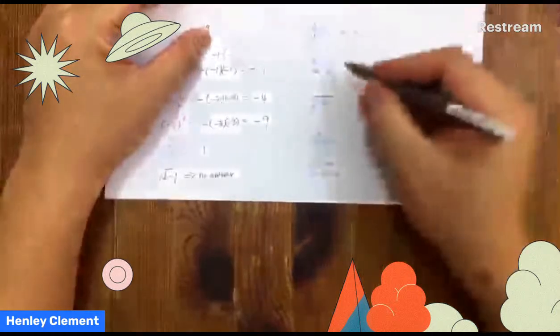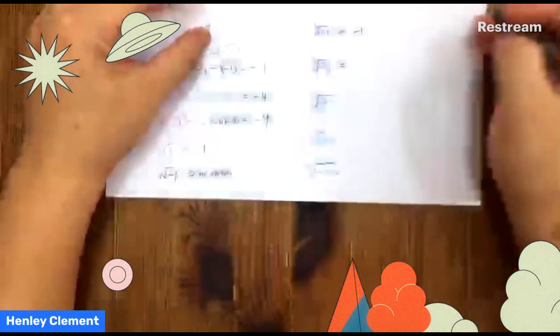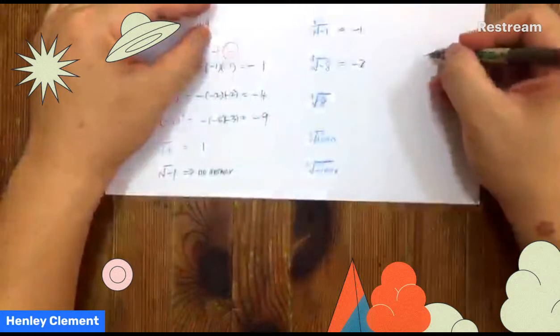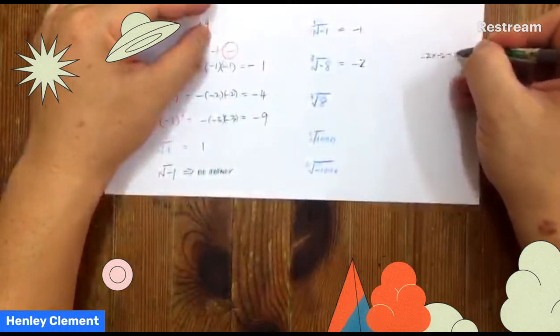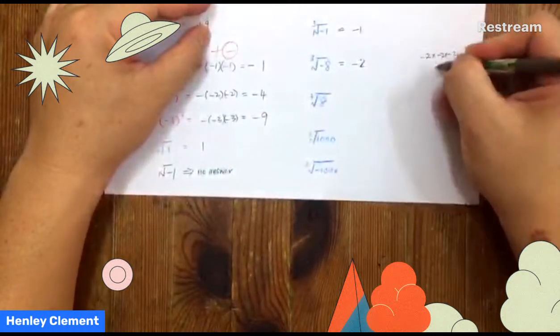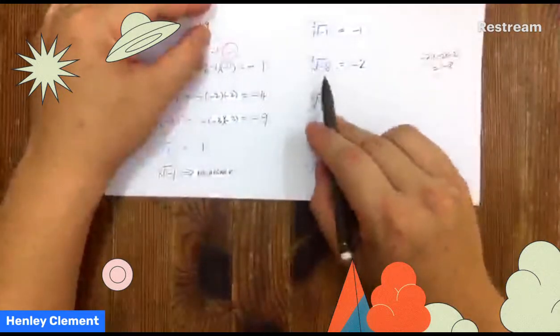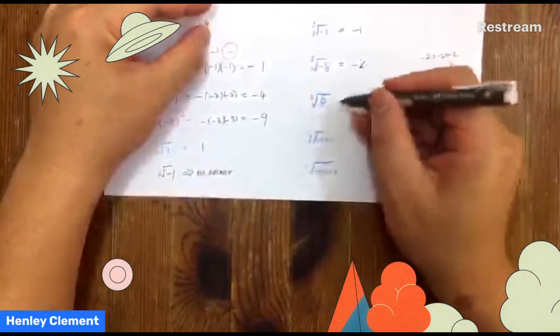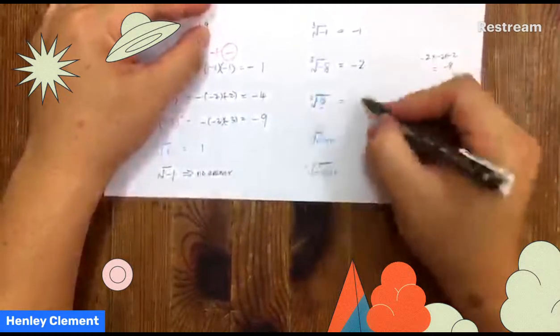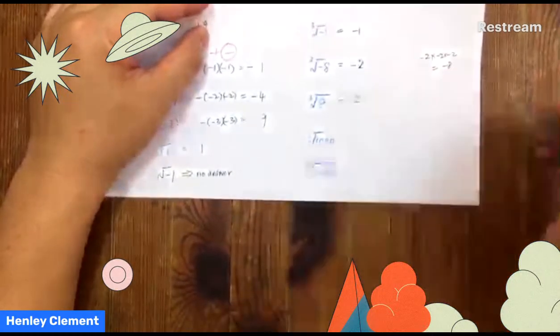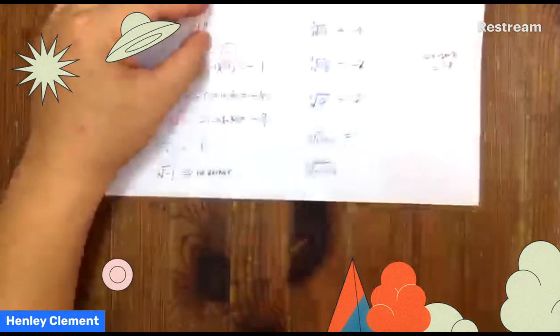Okay, the rest. Also, the cube root of negative 8 is negative 2. Can you see? Because negative 2 times negative 2 times negative 2 will get you negative 8. Okay, so cube root of negative 8 will give you negative 2. Okay, this one is 2, because 2 times 2 times 2 is 8. Same thing happens here.